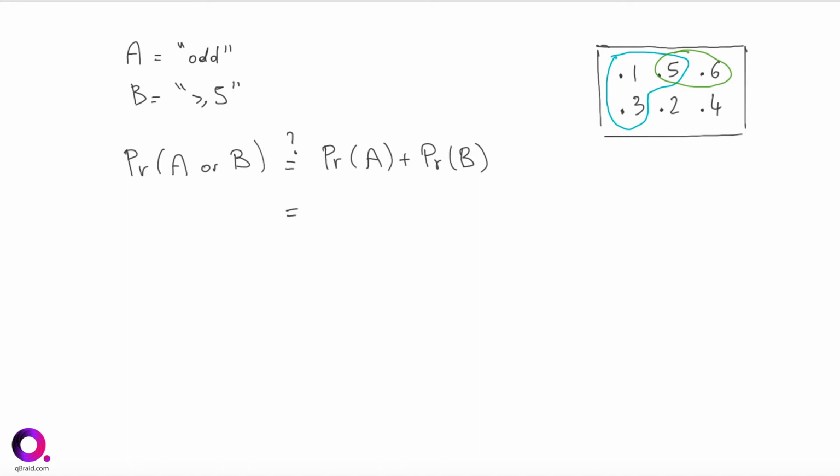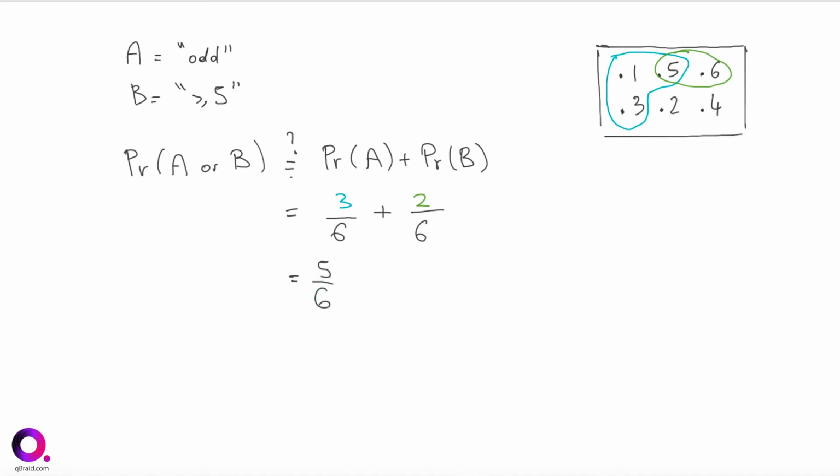This is just 1, 3, and 5, divided by the total number of possible outcomes, which is 6. Now the probability of B is given by the number of outcomes that are greater or equal to 5, and there's 2 of them, divided again by 6. And this is equal to 5 over 6.